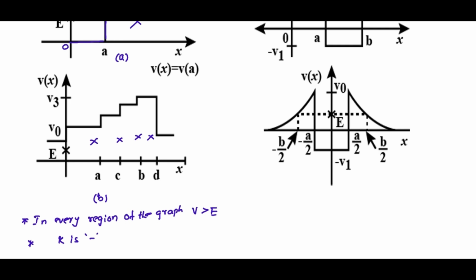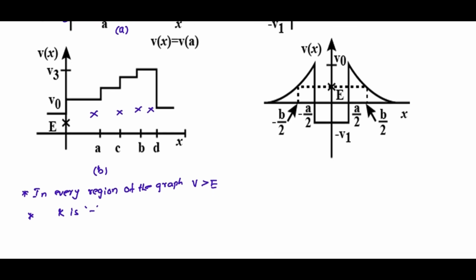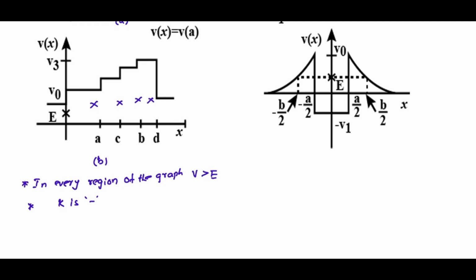So what is the value of E minimum? Here, to get E minimum, the E minimum value will be V naught. So this is nothing but V naught.